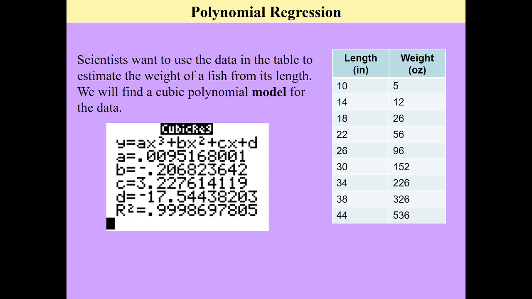The coefficient of x squared is the b, the coefficient of x is the c, and then the constant d is listed second from the bottom. The r squared has no significance for us. And so here's our polynomial model.